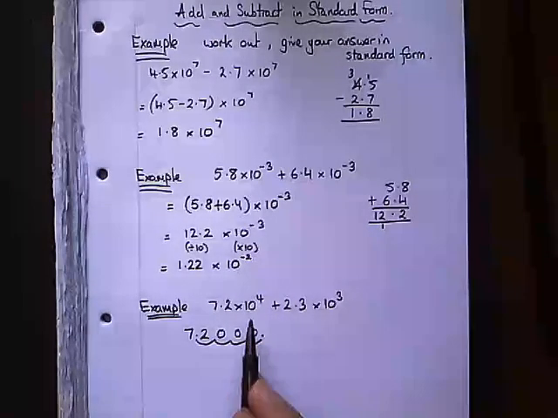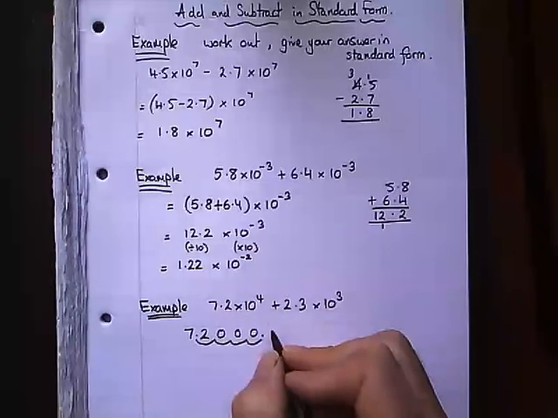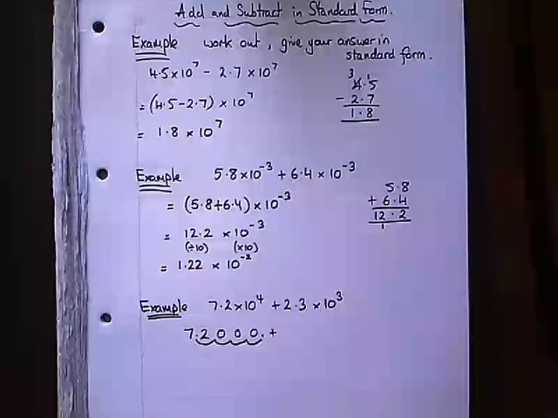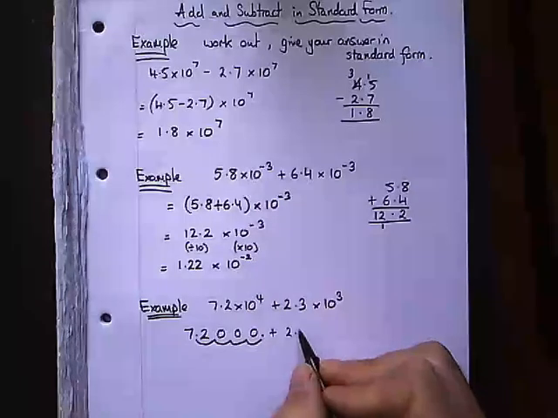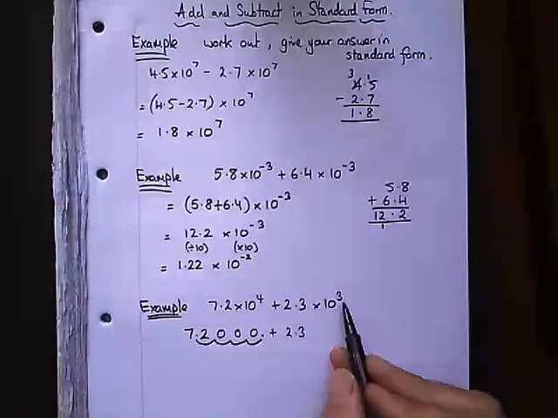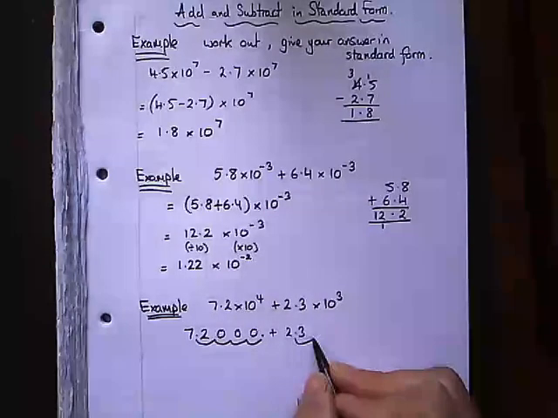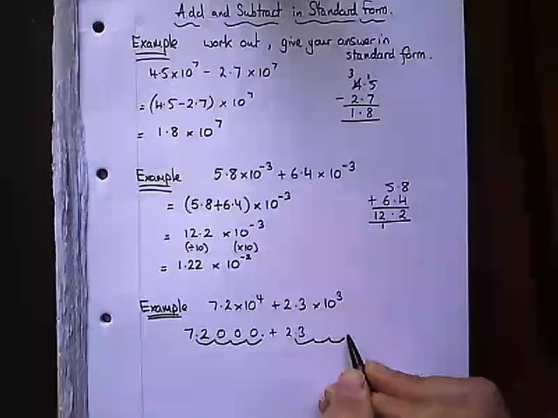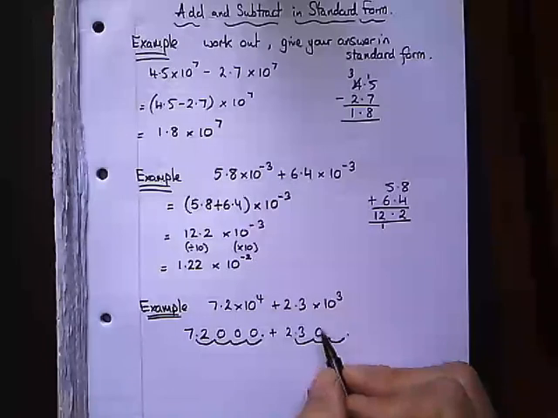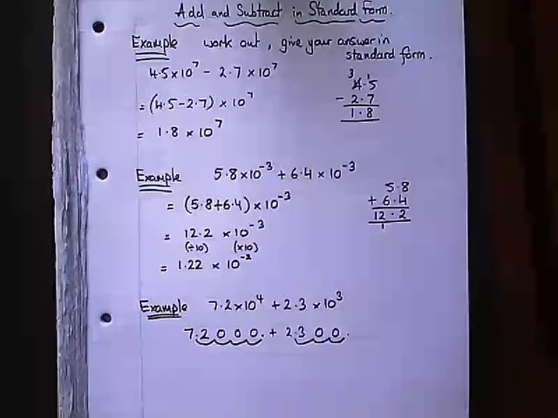That's what this number represents. Plus, and let's write 2.3, and I've got to move the decimal point 3 times to make this number bigger. 1, 2, 3. So the decimal point is going to go there, and I put in 2 zeros in the gaps. So that's 2,300. So what this is asking you to do is work out the answer to 72,000 plus 2,300.